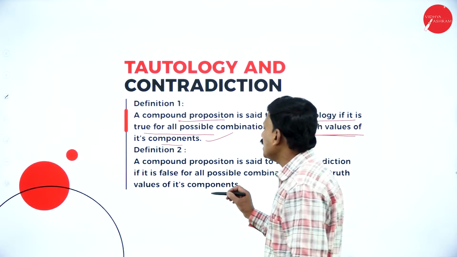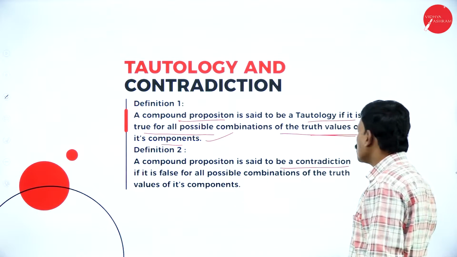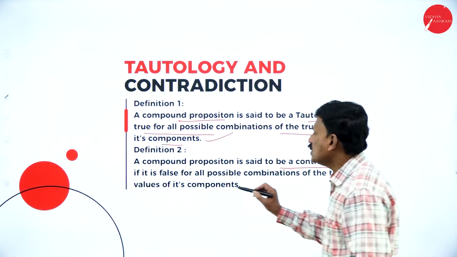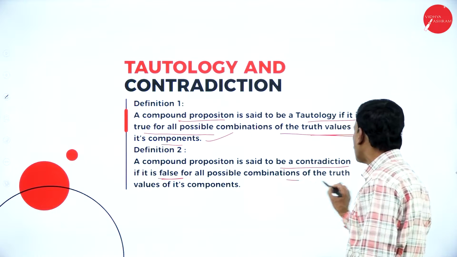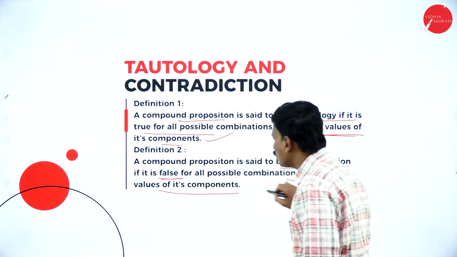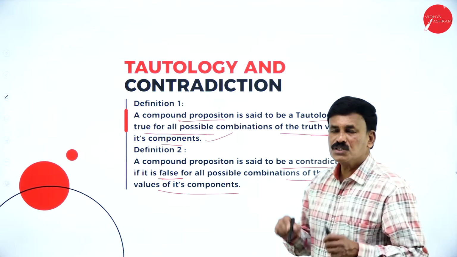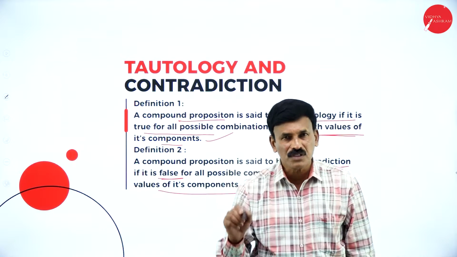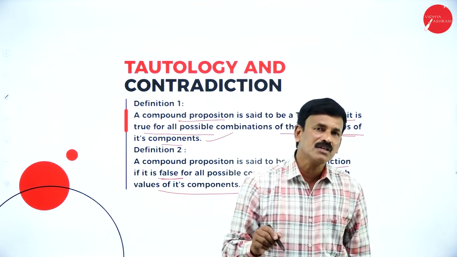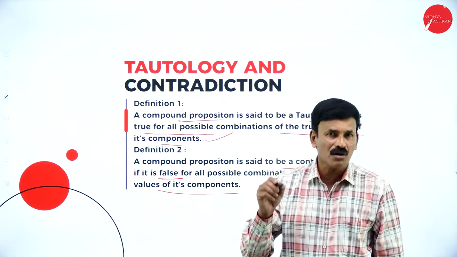And similarly, a compound proposition is said to be a contradiction if it is false for all possible combinations of the truth values of its components. So, if you get all the values as F in the last column, then the given compound proposition is a contradiction.